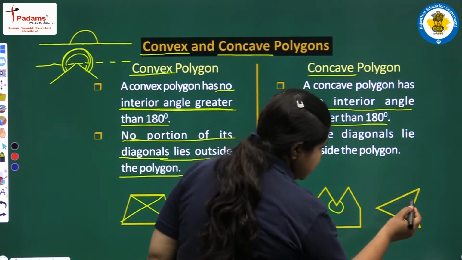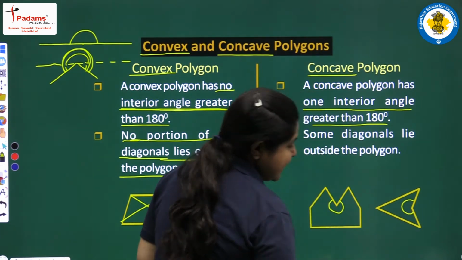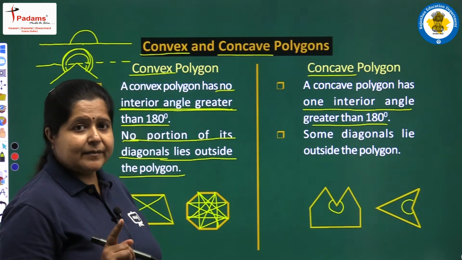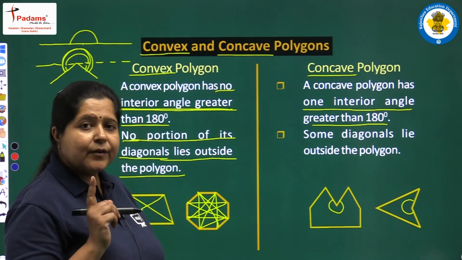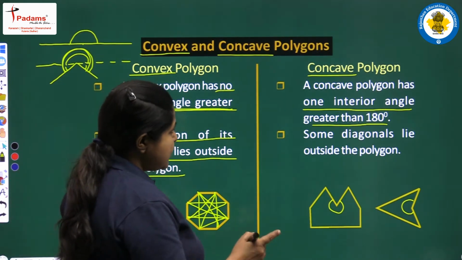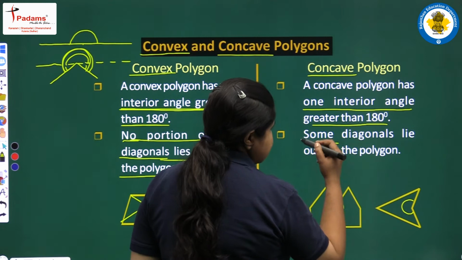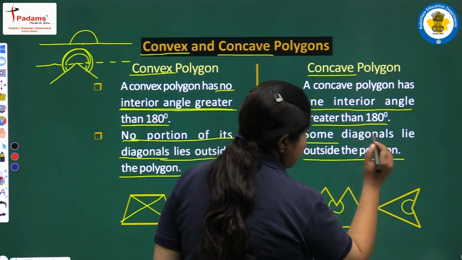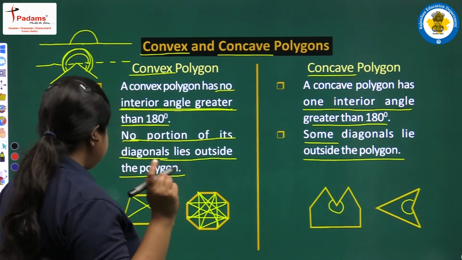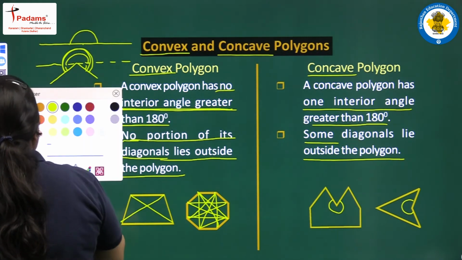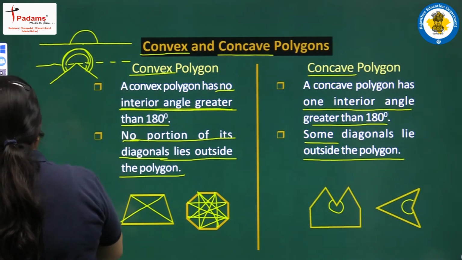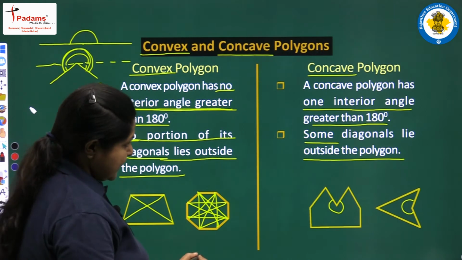Here also this interior angle is greater than 180 degrees. So, it is a concave polygon. Also, some diagonals lie outside the polygon. Let me change the color of the pen and then I will draw the diagonals in this case.